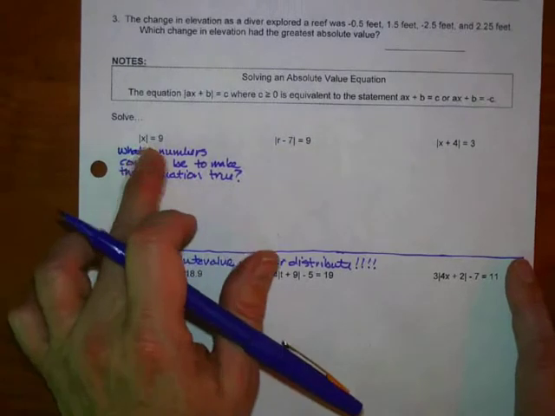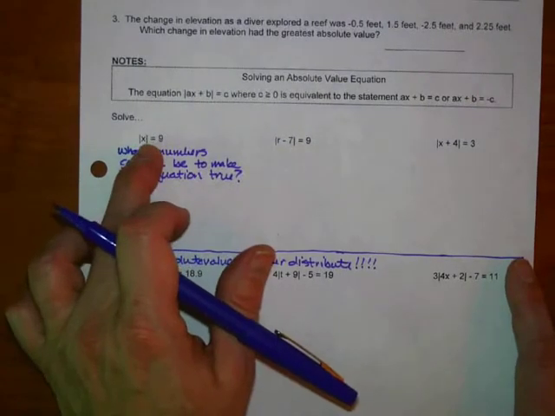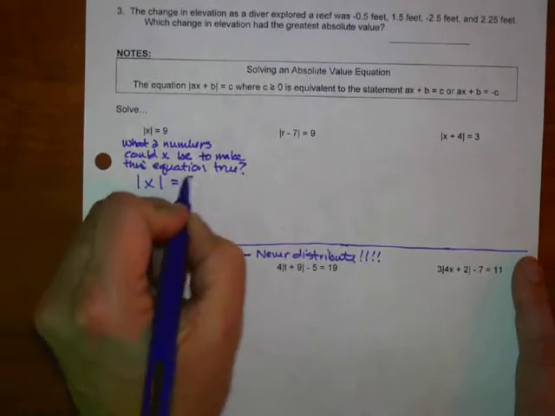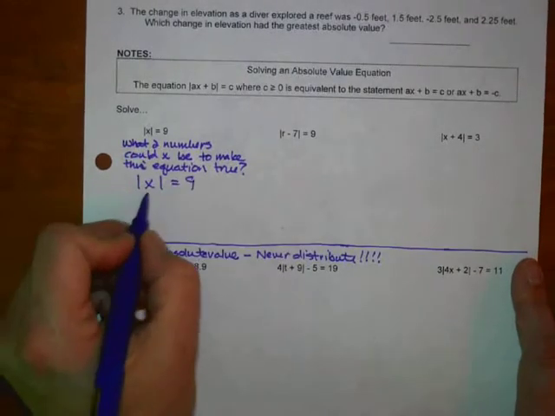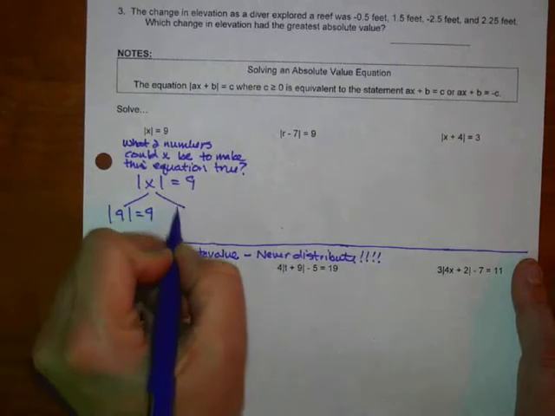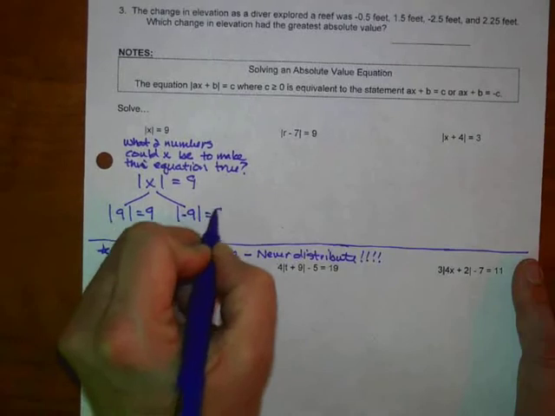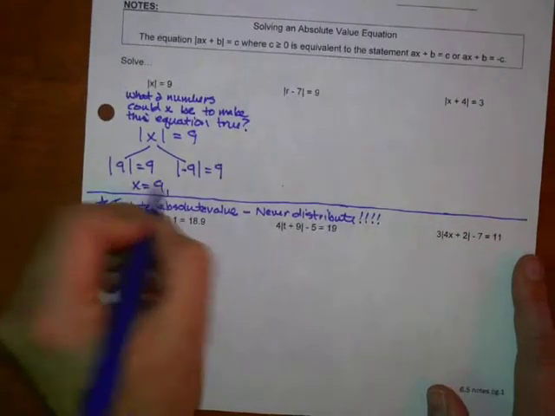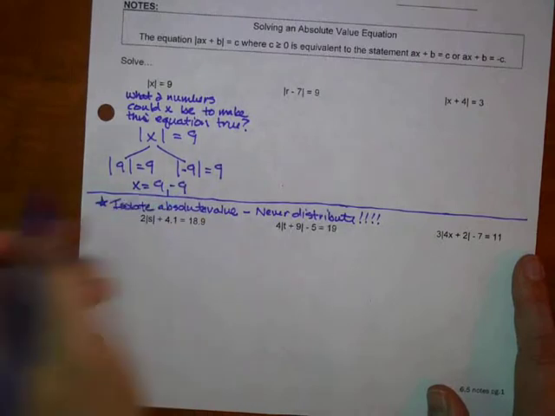It could be either +9, because absolute value of 9 is 9, or it could be -9. So I'm going to write it like this. What's inside here could be +9, which equals 9, or it could be -9, which equals 9. So that tells me that x could equal 9 or -9.